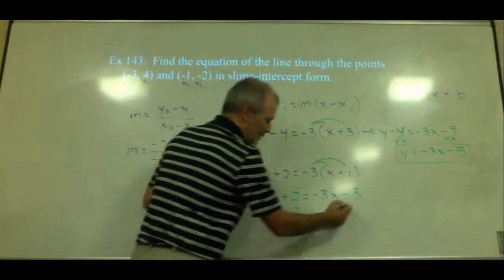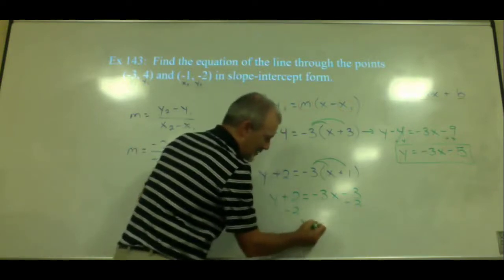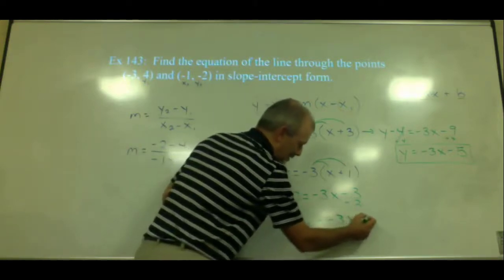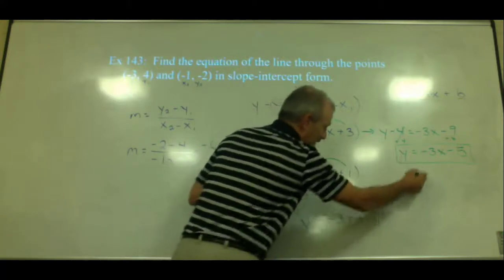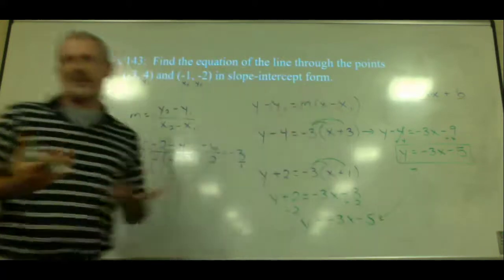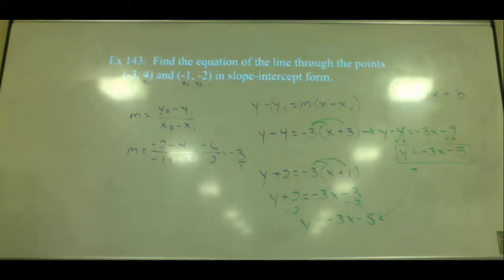Subtract 2. So y equals -3x minus 5. Like magic, they're the same. The other reason I chose this one is because it didn't have a fraction in it, so it wasn't as difficult to do. The fraction would have still worked. It's just a little bit more complicated.